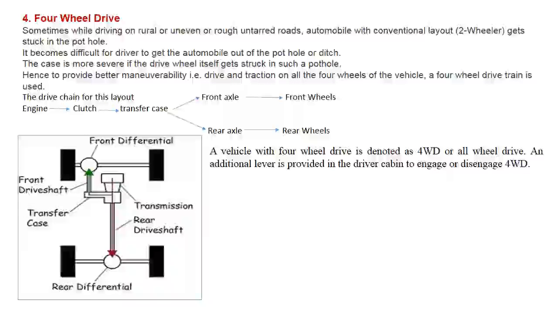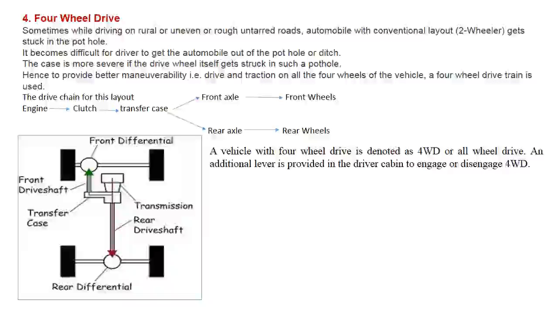So it is shown that in the four-wheel drive, the layout is such that engine, clutch, transfer case, front axle, front wheels, or engine, clutch, transfer case, rear axle, rear wheels. See the figure, in this figure it is shown.